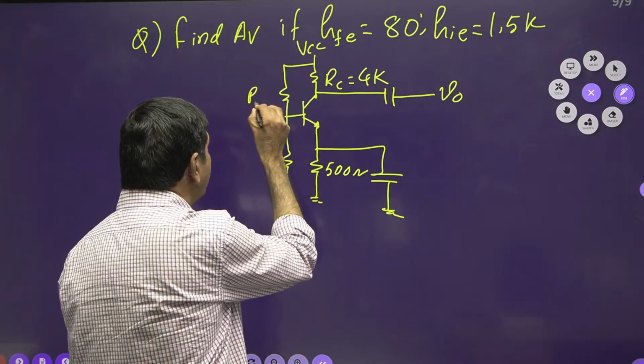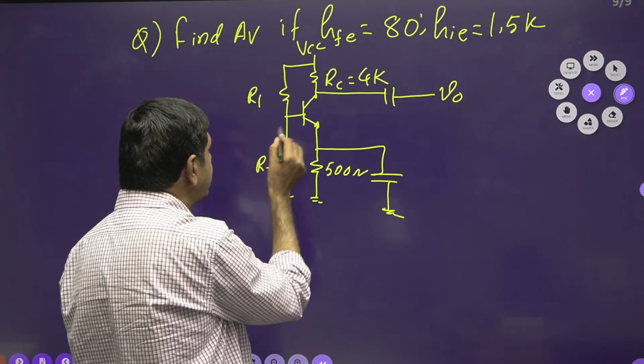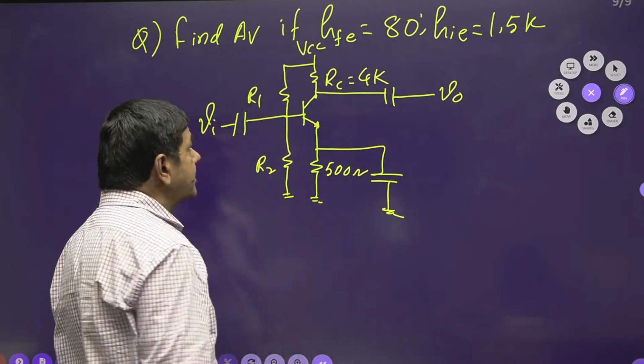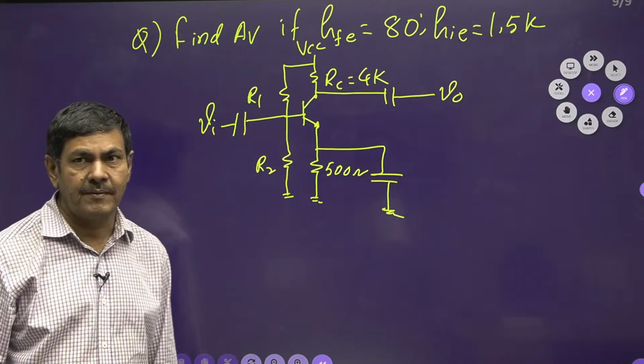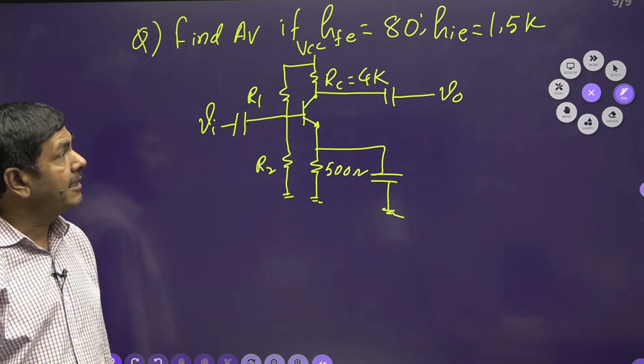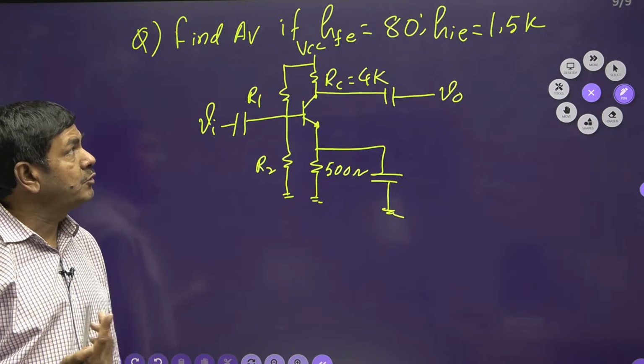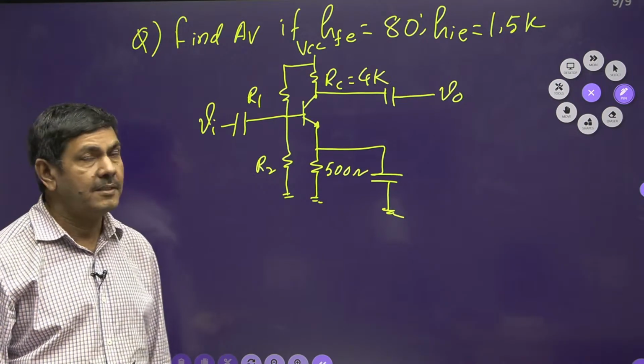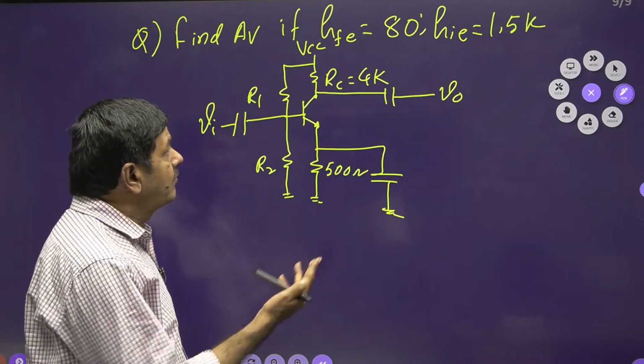They can be taken as R1, R2 because we are not going to use these values. There is a capacitor with VI. The network is given in such a way. But we can apply the approximate H model only, because you are given two parameters: beta, that is HFE, 80, and HIE, the input impedance, 1.5K.